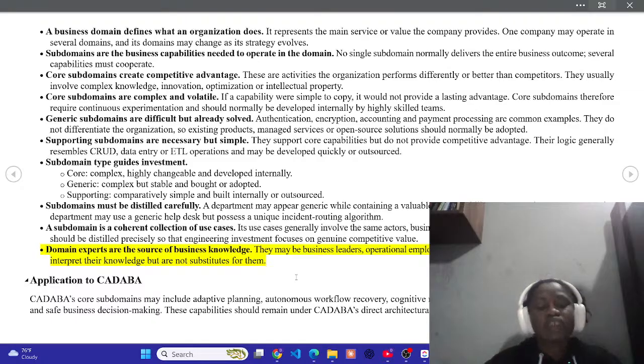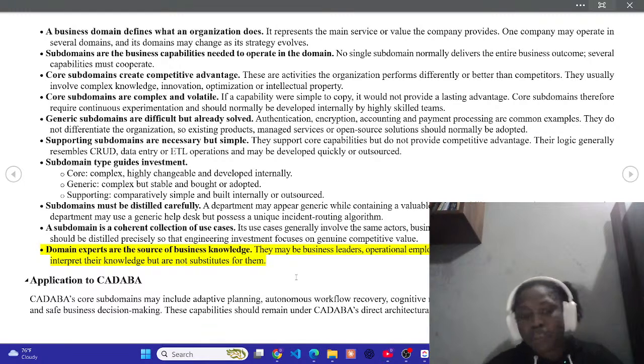So you cannot design the same agent for all this. They need different agents, and then you must understand their business in order to design a cognitive architecture for them. So you must fashion their agents based on their own activities. And that's why we have different agents for different domains. So for CADABA application, subdomain knowledge is very, very important.